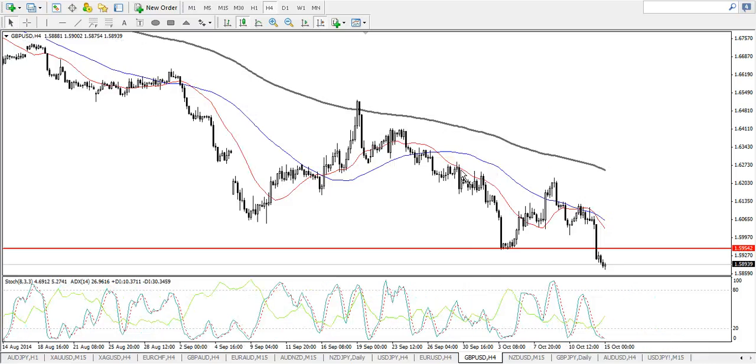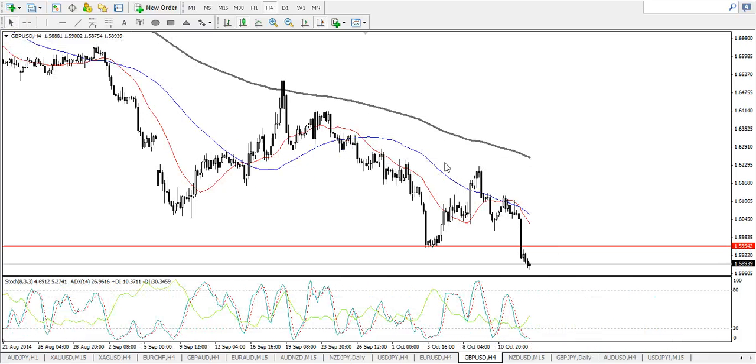Next we have the pound against the US dollar. Something big happened yesterday, which is that the UK inflation fell to the lowest, and that dampens the bets for an interest rate hike.